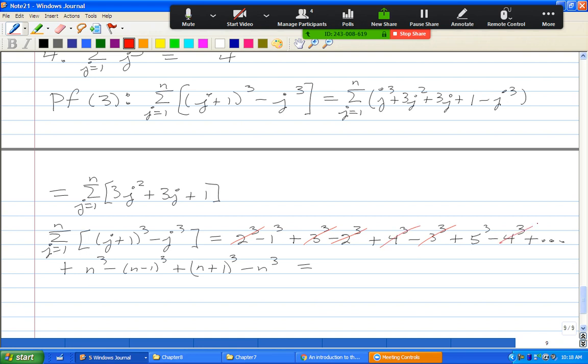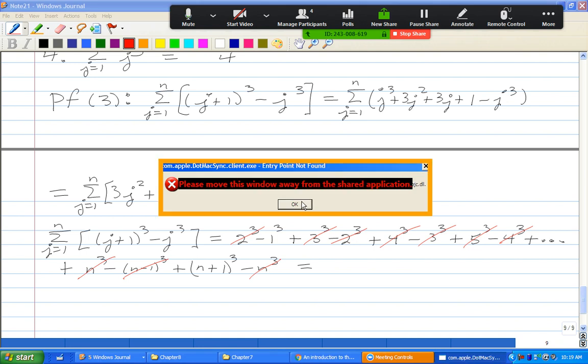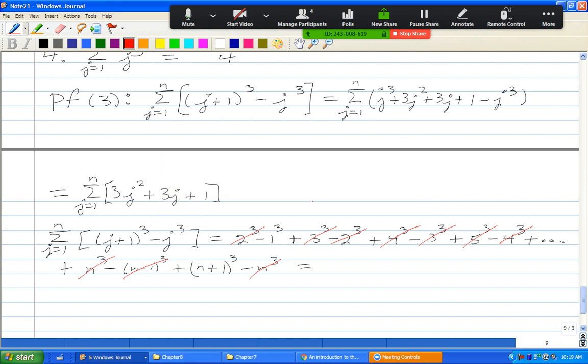This guy here is going to cancel with, if I go 1, 2, 3, that guy. Similarly, this guy here cancels with this one. This one here cancels with something three previous to it. And so the only things that are left are this one and this one.